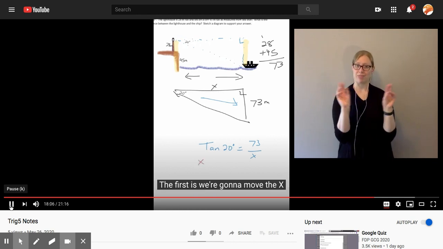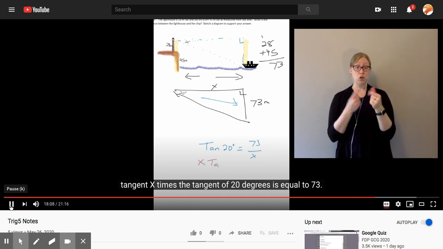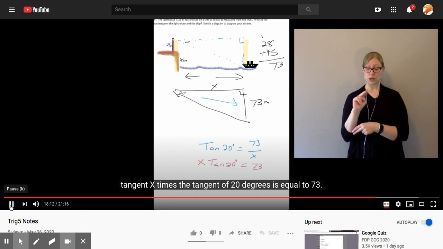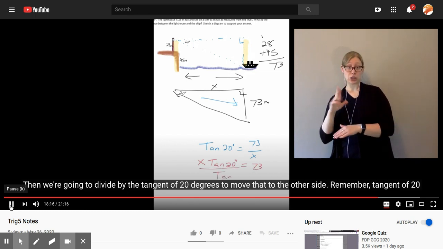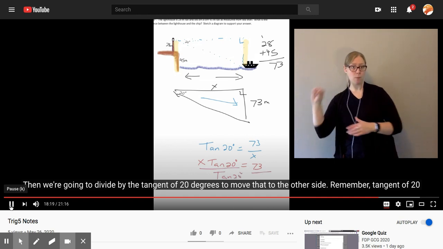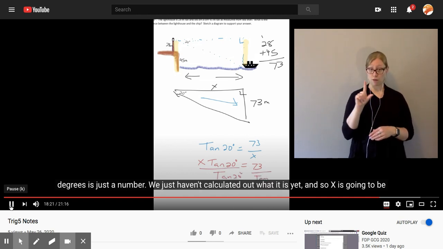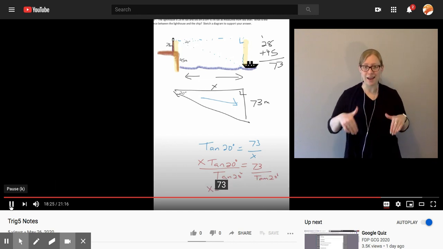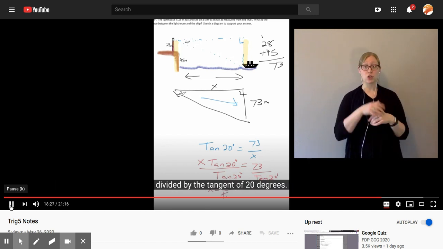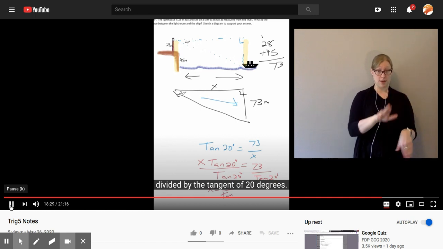The first is we're going to move the x: x times the tangent of 20 degrees is equal to 73. Then we're going to divide by the tangent of 20 degrees to move that to the other side. Remember, tangent of 20 degrees is just a number. We just haven't calculated out what it is yet. And so x is going to be 73 divided by the tangent of 20 degrees.